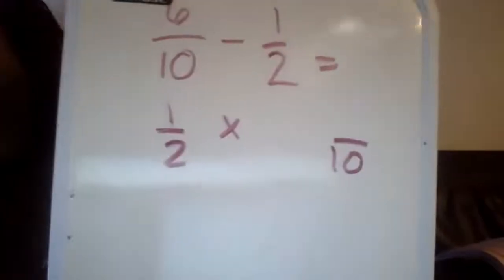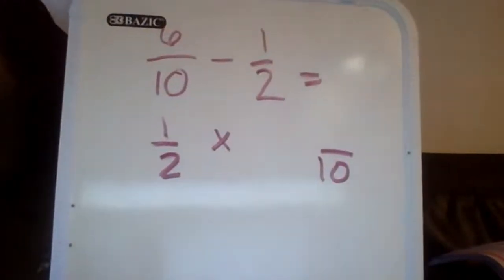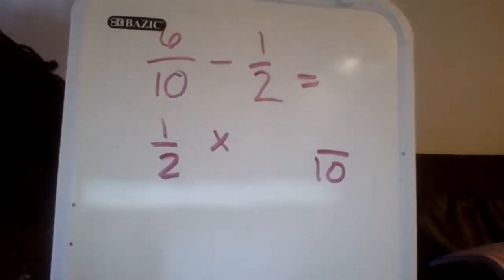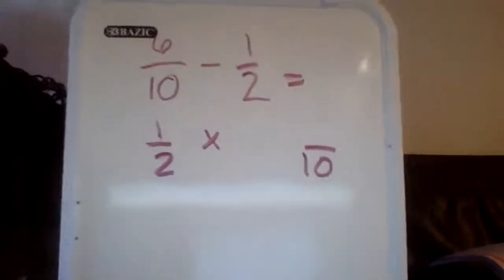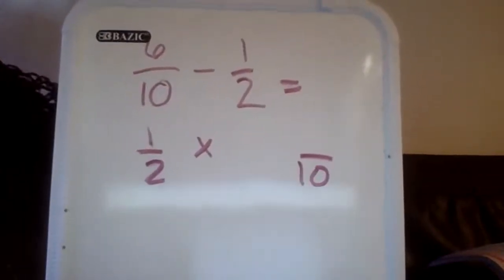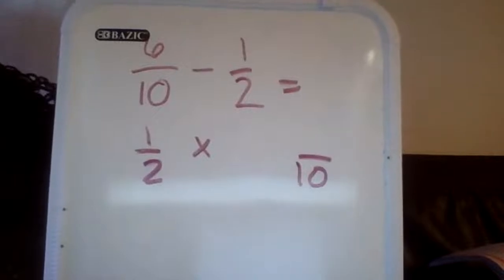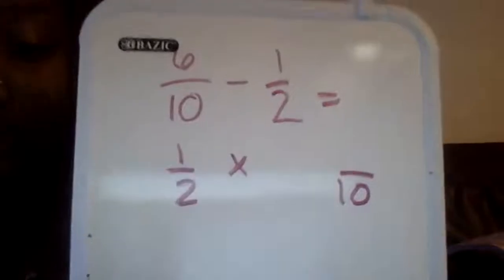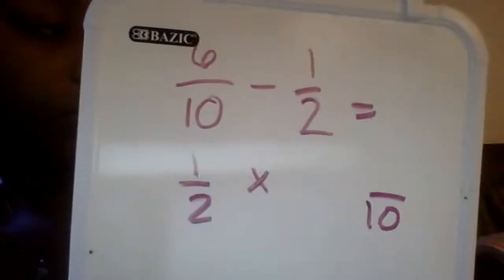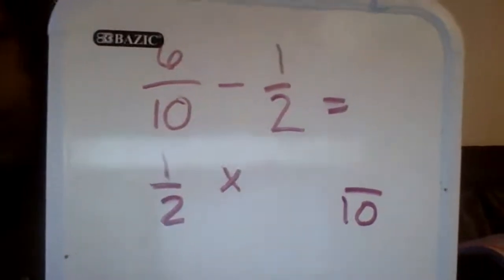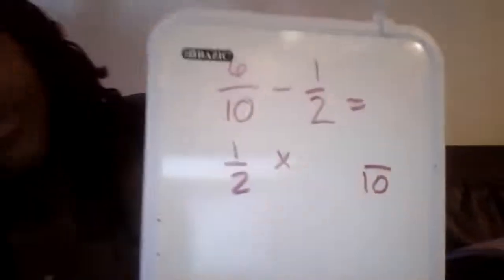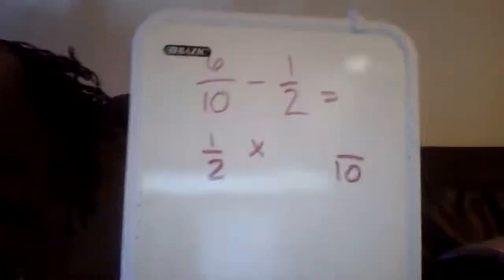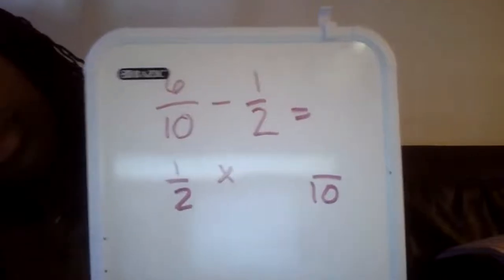Two times what will give me 10? Two times 5 will give you 10.